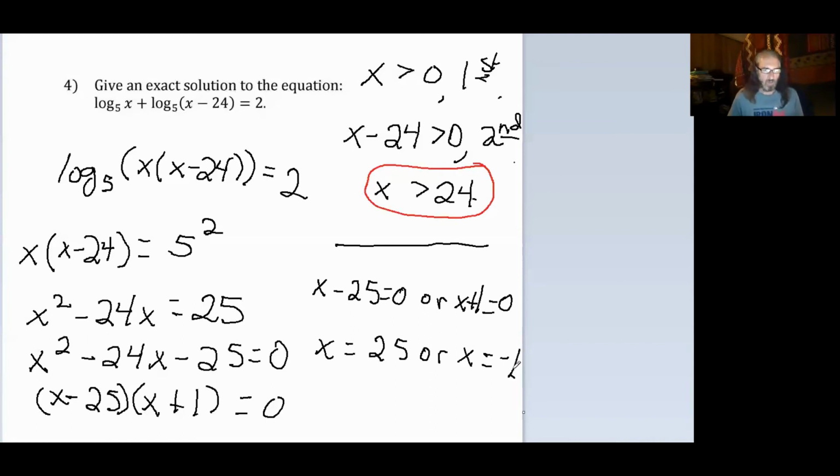Now, if I hadn't talked about this in advance, I wouldn't know that the negative 1 needs to be rejected. I'll show you what happens if we try to plug in each into the calculator and how only the 25 is going to work as a solution.